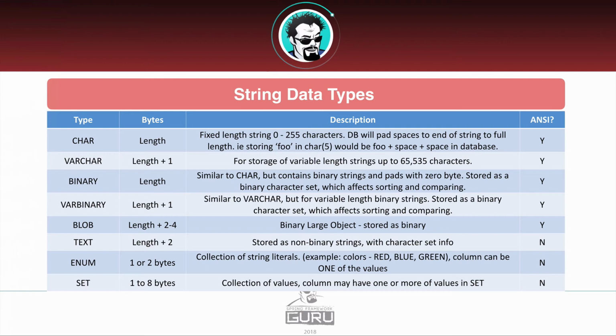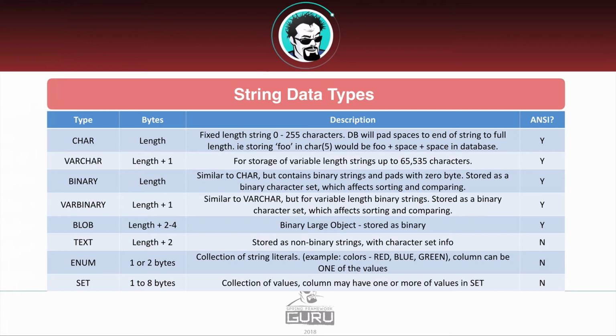Next up we have an enum, or an enumeration, and this is going to be a collection of string literals. So I've got an example here. You would literally have red, blue, and green, and then that database column would be restricted to one of those values.